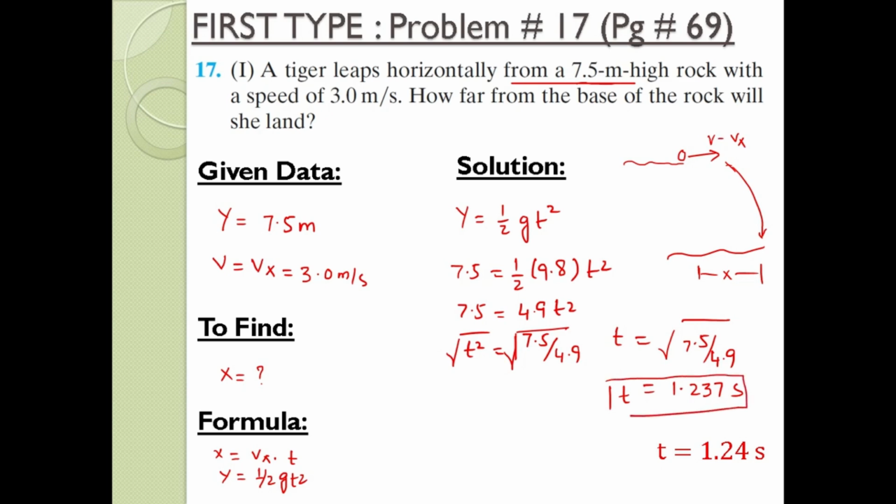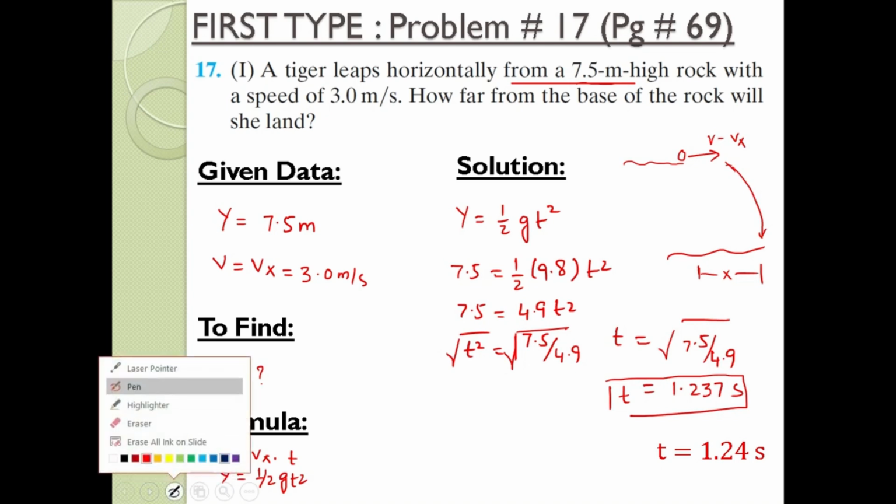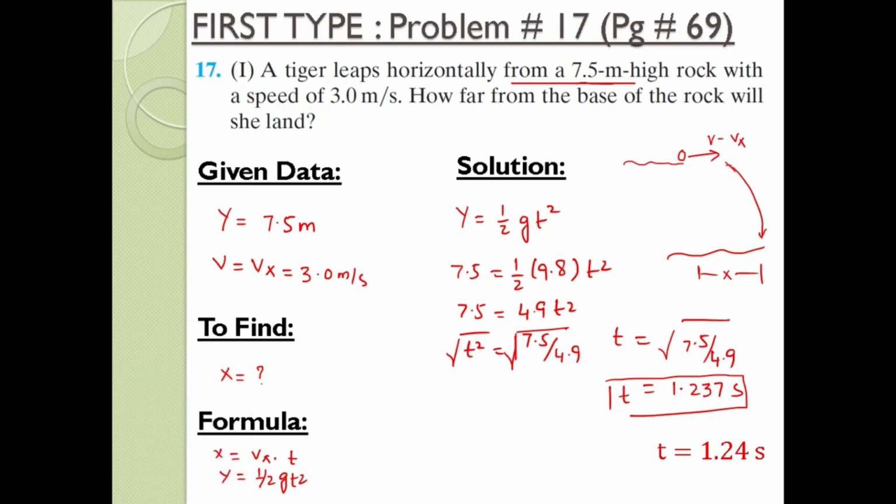Once we got the time, now we need to go for the horizontal distance, from the base to the point where it lands. I will use x is equal to Vx times t. As you know, Vx is here 3.0 and time is 1.24.